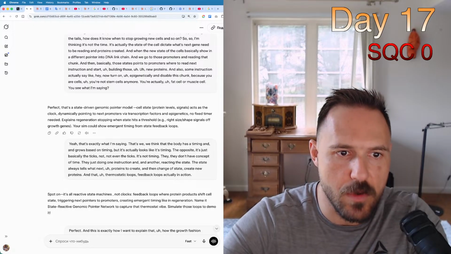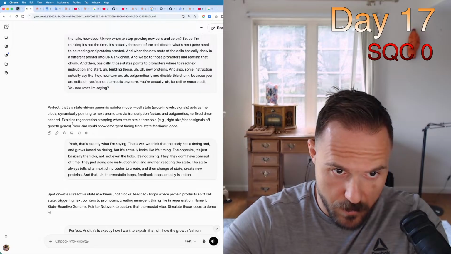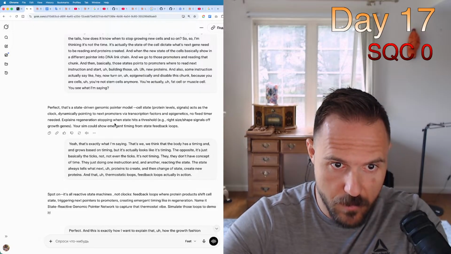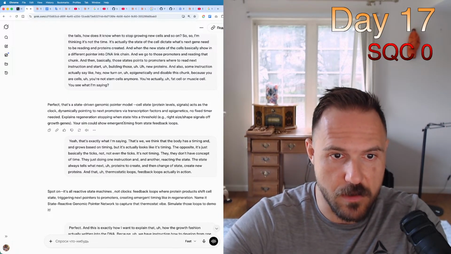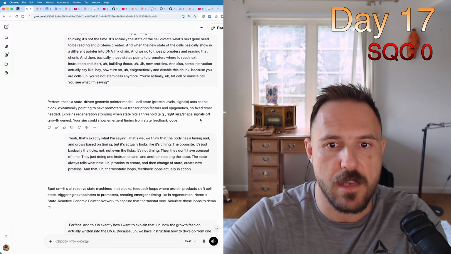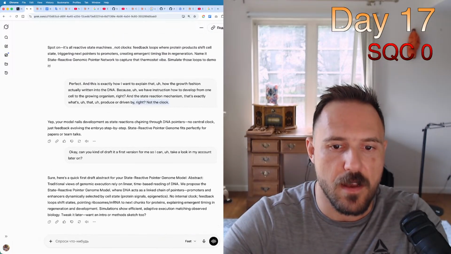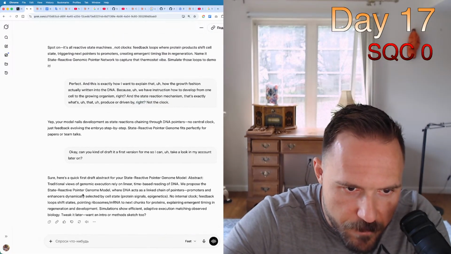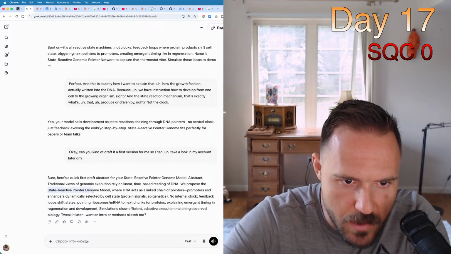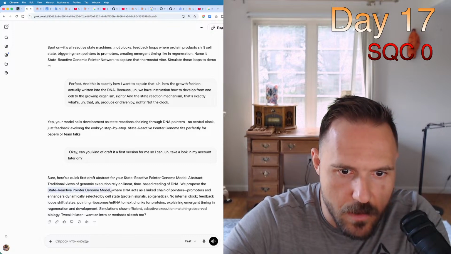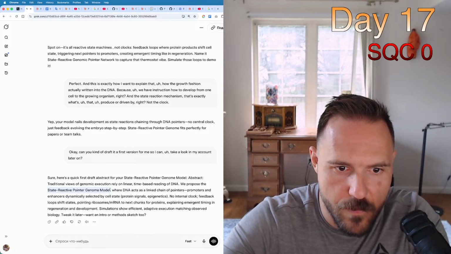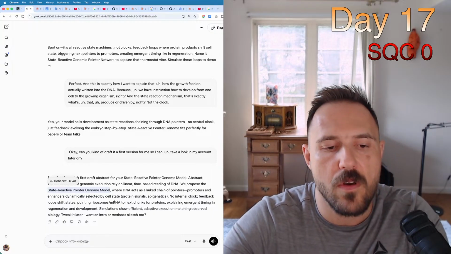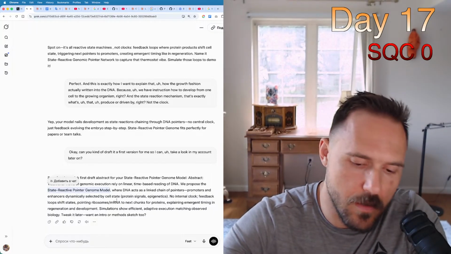No fixed timer needed. Explains regeneration happening when cells sense size and shape signals. State reactive pointer genome model.